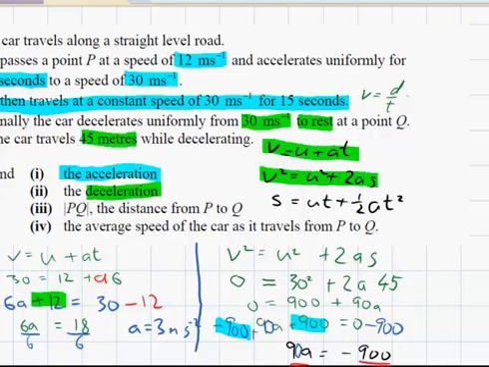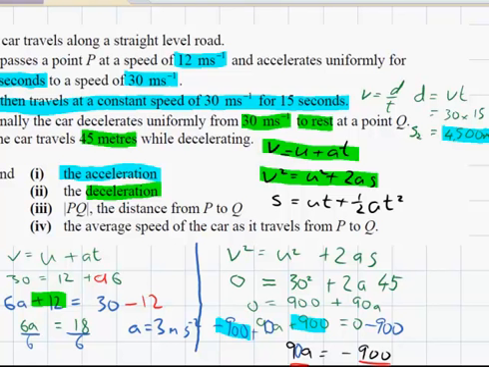We're given the velocity and the time, so we can work that out, and it's simply distance is equal to velocity multiplied by time, which is 30 times 15, which is equal to 450 meters. So that's our first distance, or maybe even we call it S2, might be better.